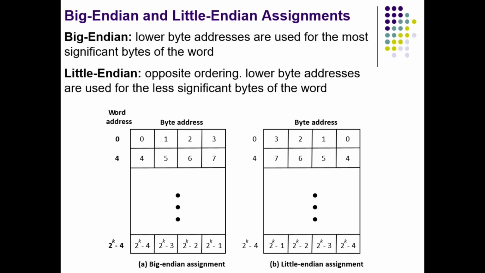Listen carefully, I'll repeat this. The sentence on screen is different, so I'm rephrasing the same sentence in a different way. If the most significant byte is stored at the least address available, it is called big endian. If the least significant byte is stored at the least address available, it is called little endian.